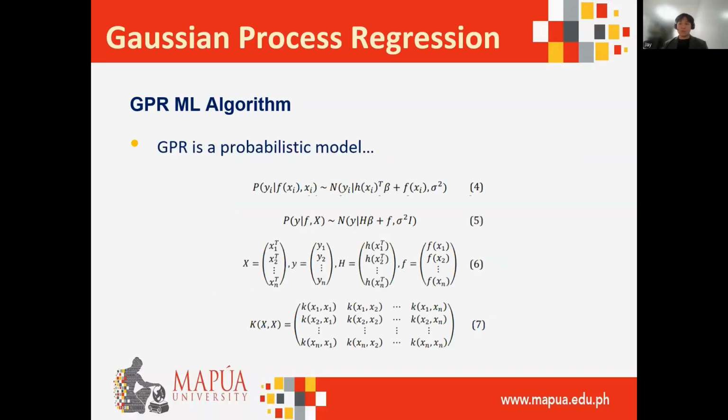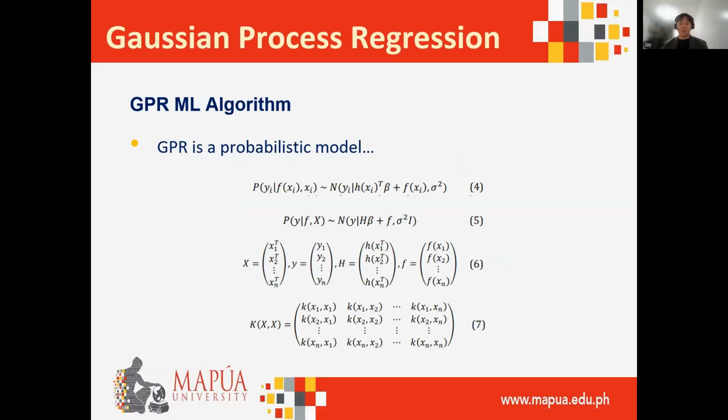So overall, GPR is a probabilistic model where the response can be estimated using the conditional probability of yi given f of xi and xi for a normally distributed function provided by equation number four.